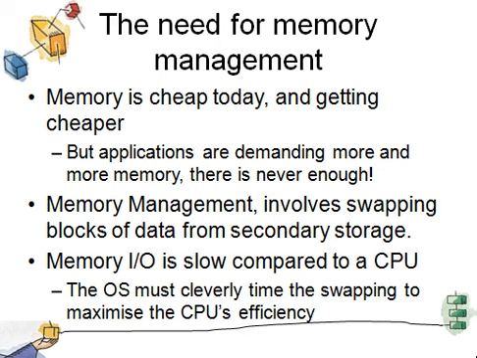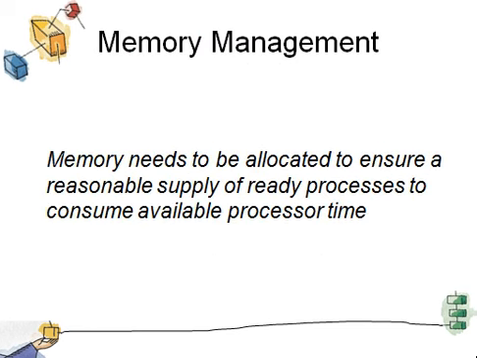The operating system must cleverly time the swapping to maximize the CPU's efficiency. Memory needs to be allocated to ensure a reasonable supply of ready processes to consume available processor time.